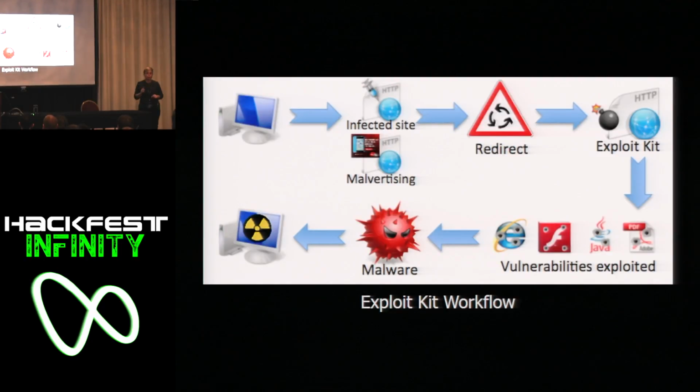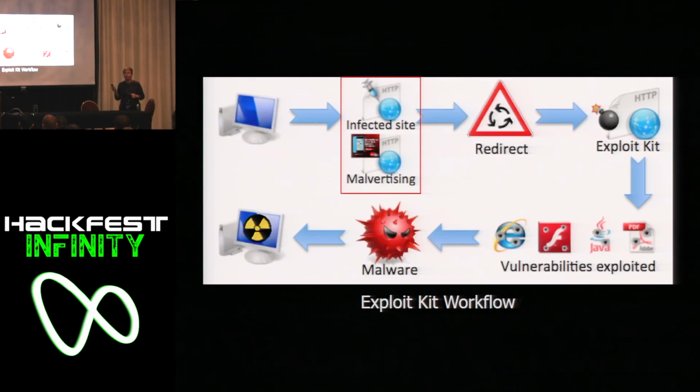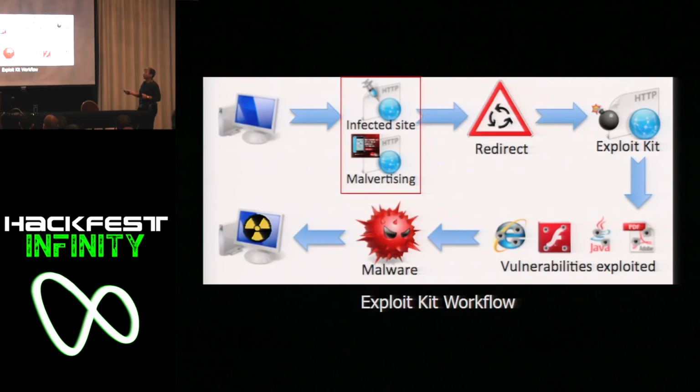Let's go through the workflow one more time, but I'm going to point out the vulnerabilities that are being exploited. So first of all, the malvertising, as we said, it can be on a legitimate website. The problem comes in is that you've got to send or redirect your victim through a series of gates. Those gates are created on infected websites.